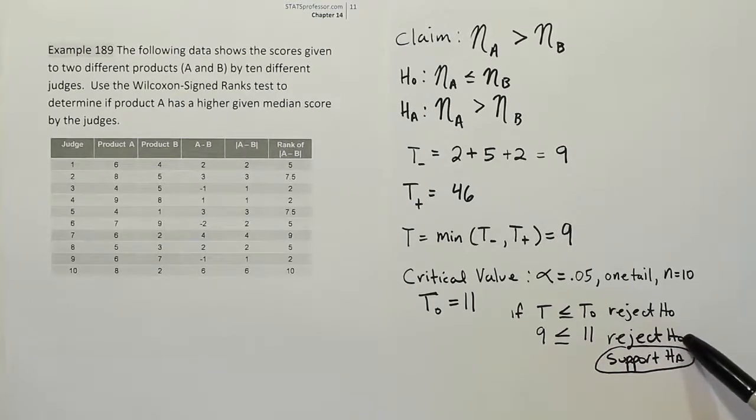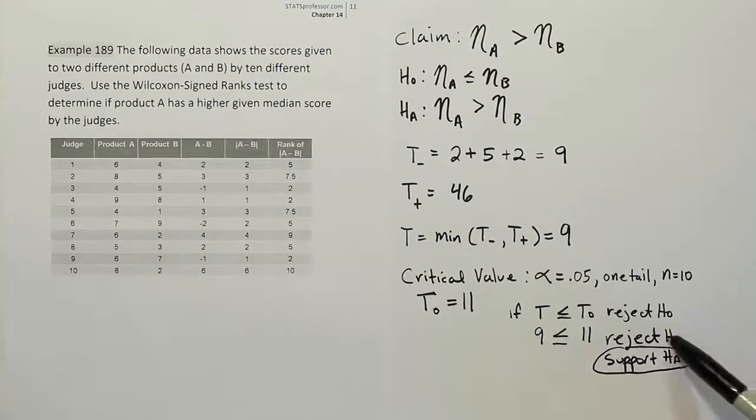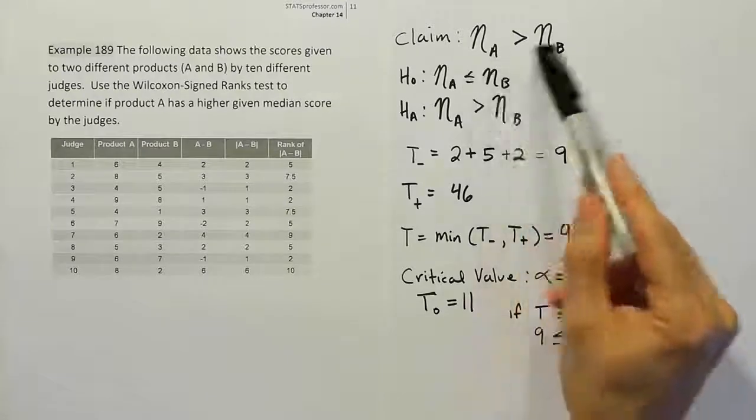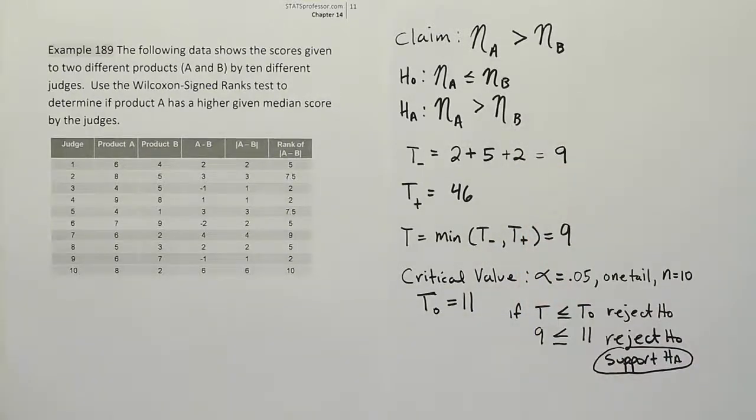If you reject the null, then you don't have to worry about that issue because it means the test seems to have been powerful enough to detect a false null hypothesis. We were able to reject it, so we don't have to worry about this conclusion, at least with regard to the power of the test. That's not something to be concerned about here. So we were able to reject it. We support HA. That means we support the claim, basically. And so we are saying that product A seems to have a higher ranking from the judges than product B.